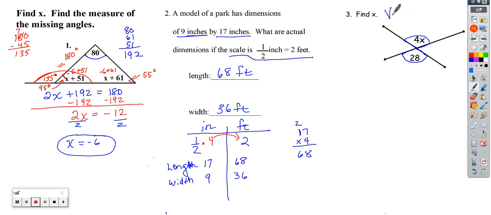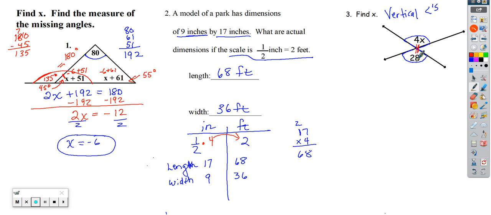Okay, these are vertical angles. What do we know about vertical angles? Vertical angles are congruent. They equal one another. As soon as I see this shape right here, looks like 2 V's touching or 2 pieces of pie, I can set my equal sign.